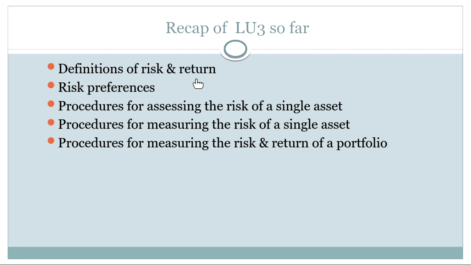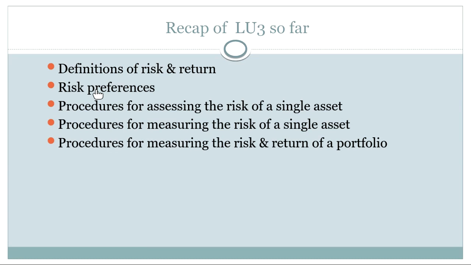So your next learning objective or main point here is risk preferences. And again, you guys have to understand this. So we just need to understand the difference between a financial manager or a company who is risk averse, risk neutral, or risk seeking. So that you can go through on page 71, and that should be self-explanatory. And I'm sure you guys remember that from when you did it earlier on in the year.